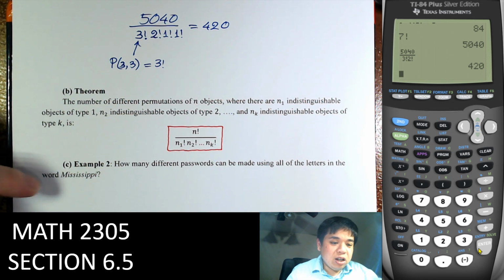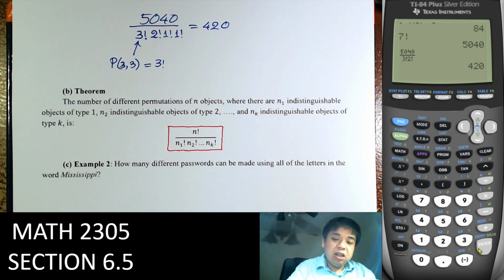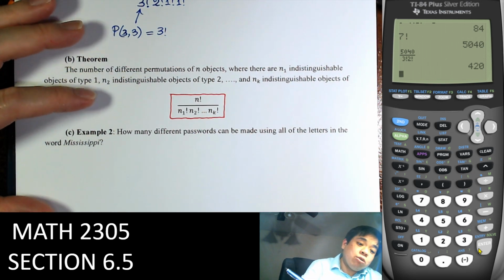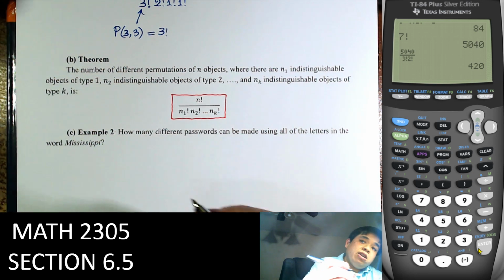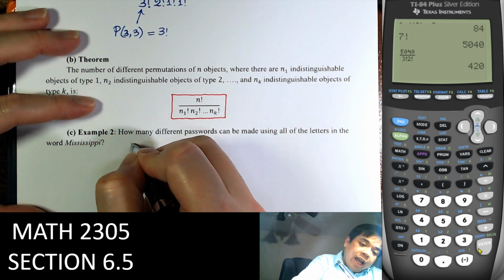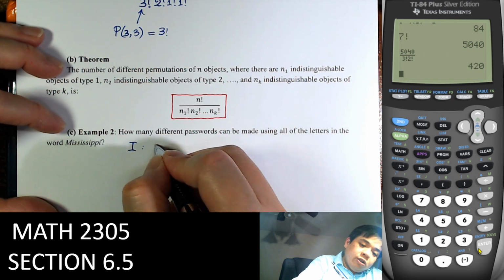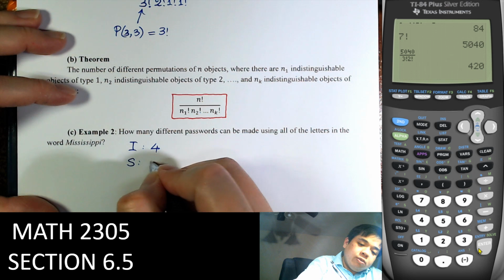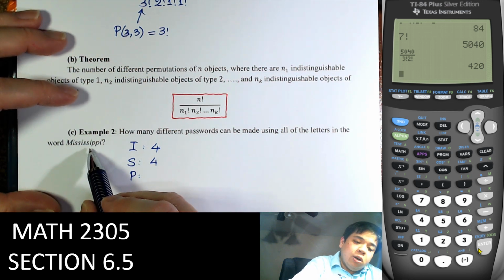Another example here. How many different passwords can be made using all of the letters in the word Mississippi? Let's just count: 1, 2, 3, 4, 5, 6, 7, 8, 9, 10, 11. 11 letters. Let's count: I, 4 i's. S, 4 s's. P, 2 p's.